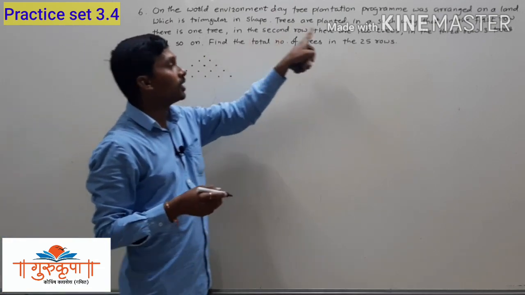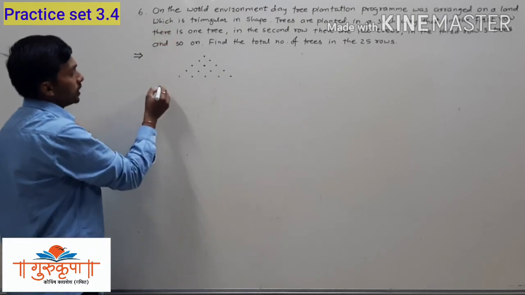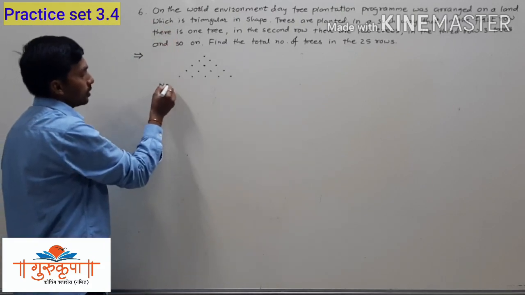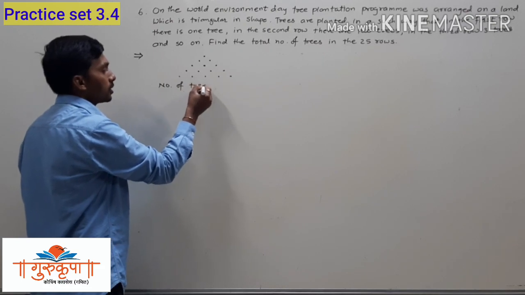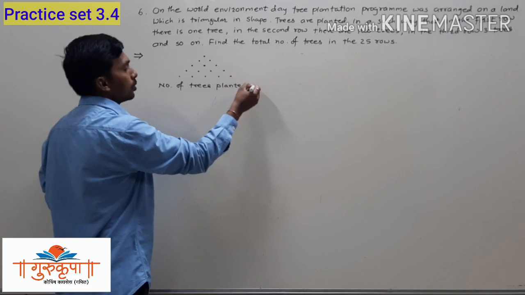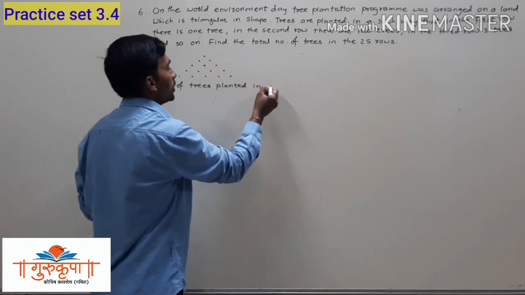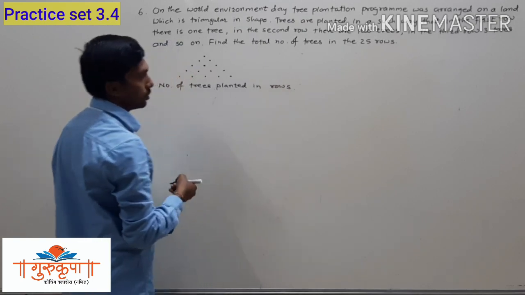We have 25 rows in all. So the number of trees planted in the 25 rows, you can write.